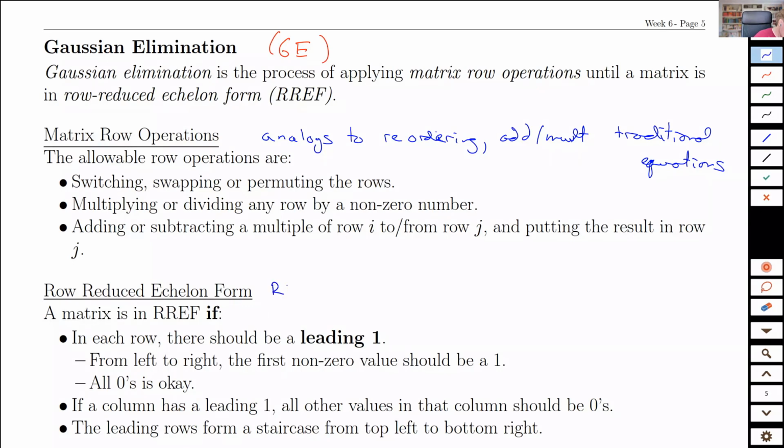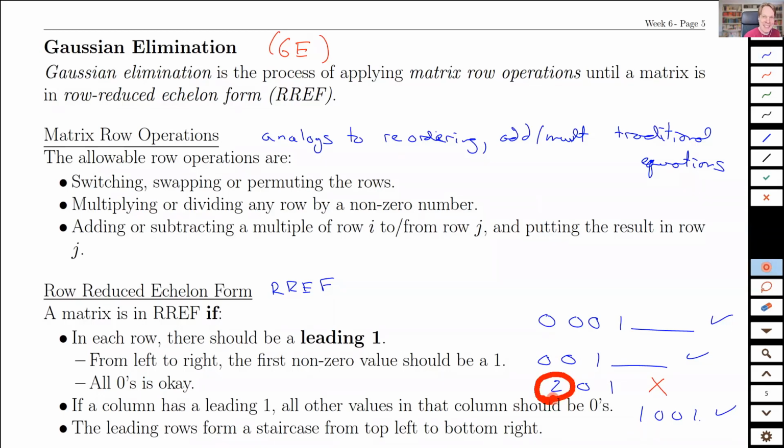And what is magic about it? It's this specific sequence of requirements. So in each row, there should be a leading one. And by leading one, I mean, from left to right, the first non-zero value should be a 1. So you're going to have 0, 0, 0, 1 stuff, that's okay. 0, 0, 1, some stuff, that's okay. 2, 0, 1, that would be bad. 1, 0, 0, 1, that's actually okay, because the first element in it is a 1.